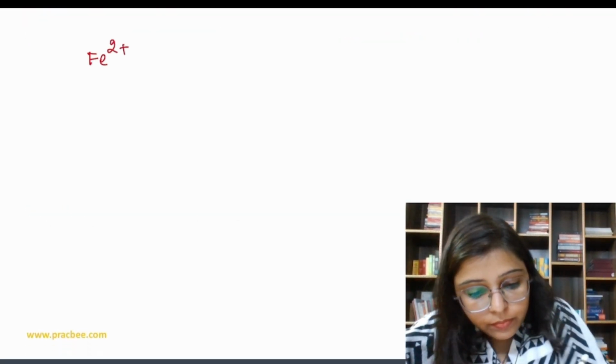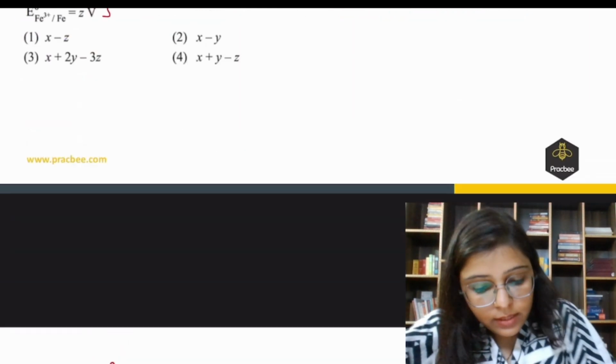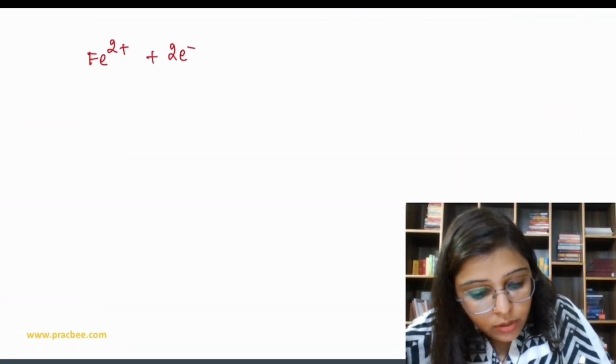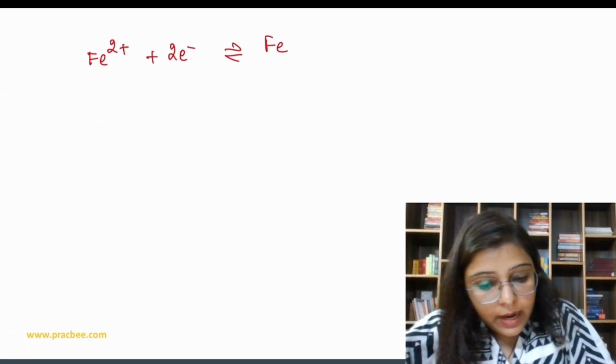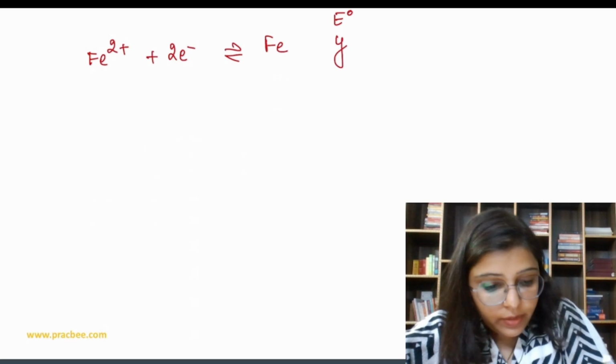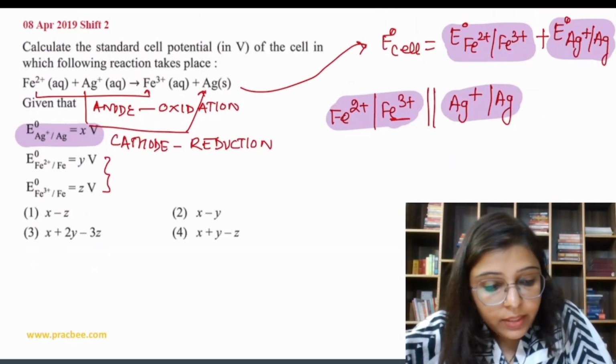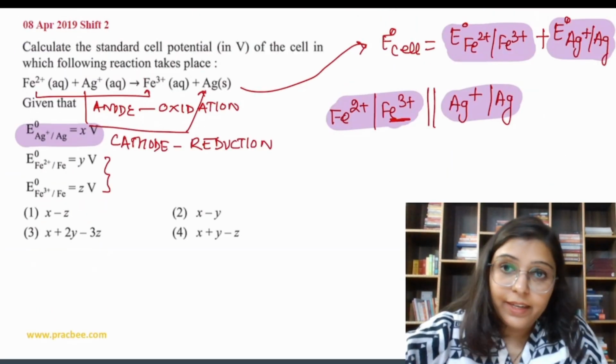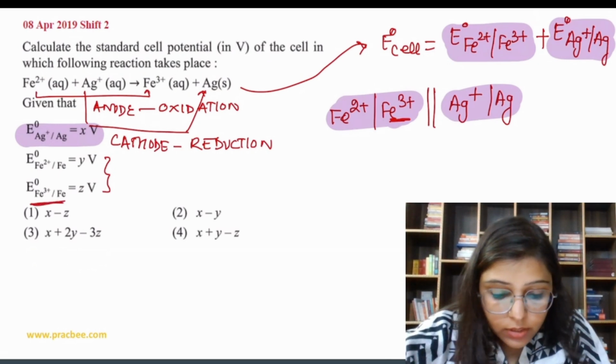Fe2 plus plus 2 electrons gives Fe, and here the E naught value is y. We need Fe3 plus on the right-hand side, so I am going to reverse this.